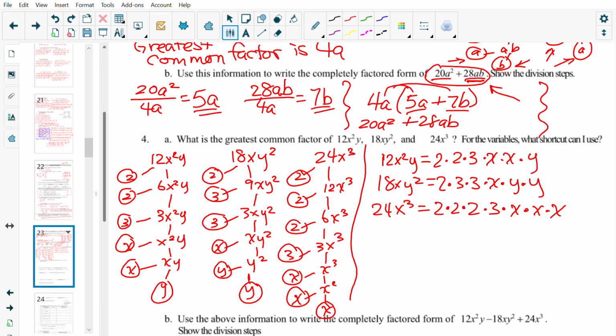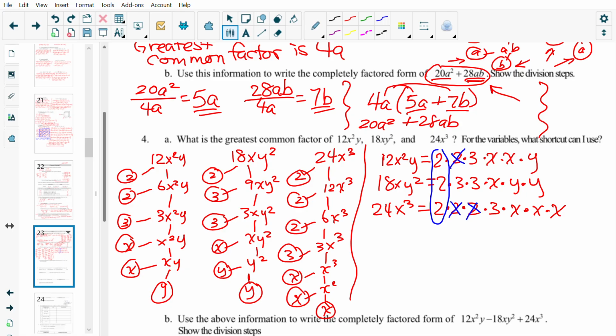Remember for greatest common factor, I'm going to circle all the prime factors that are the same for all three terms. So I have this 2. Let me use a different color. I have 2's. We're done with 2's because this middle term, 18xy squared, only contains one 2 as a prime factor.